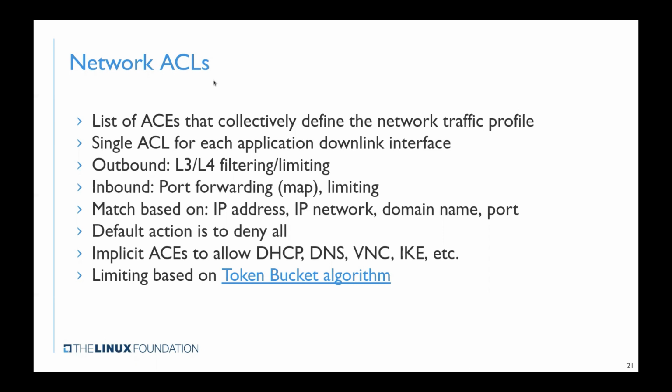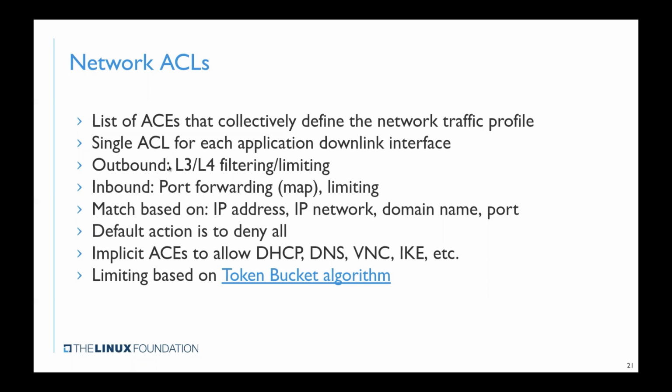They basically define what is allowed to go in, then maybe some bandwidth limiting or some packet handling, specifically port forwarding. As I mentioned, there is one ACL for each application downlink interface, but it may contain multiple access control entries. These access control entries are divided into outbound and inbound direction.